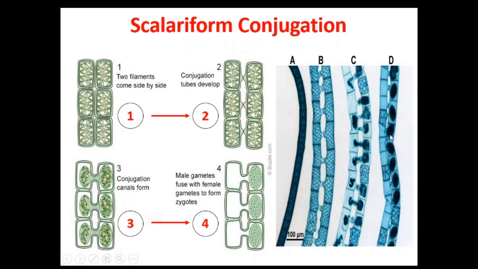As a result, after completion of the gametic transfer, one of the filaments becomes empty, and in the other filament we can see the formation of these zygospores. Here also you can see one of the filaments has become empty as it has transferred its gametes to the female filament.